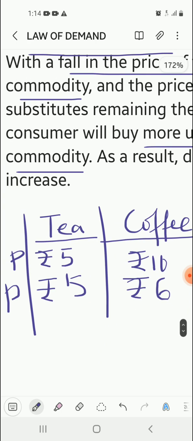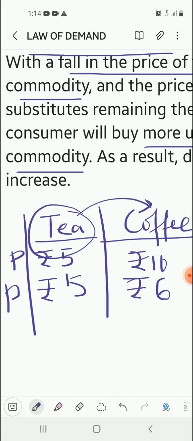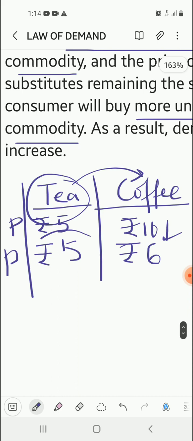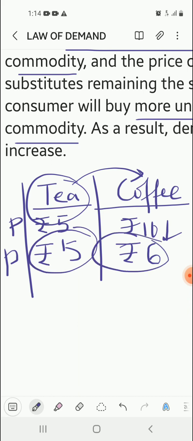Now people will tend to consume more coffee, shifting their preference from tea to coffee, because coffee is becoming cheaper compared to its usual price. Though the difference between 5 and 6 makes it seem like coffee is still more pricey, as a type of good coffee is usually costlier than tea. People prefer coffee because it is a delicacy. So 6 rupees for coffee is comparatively less than 5 rupees for tea.